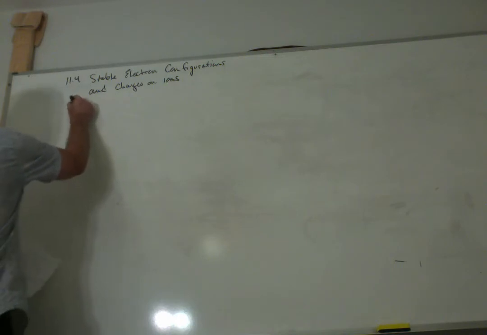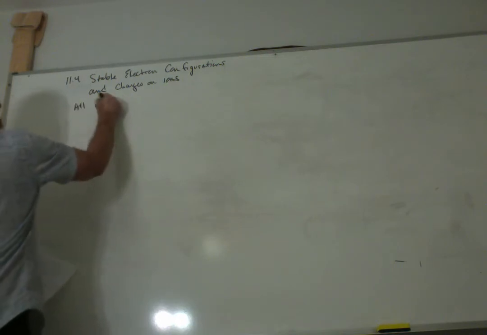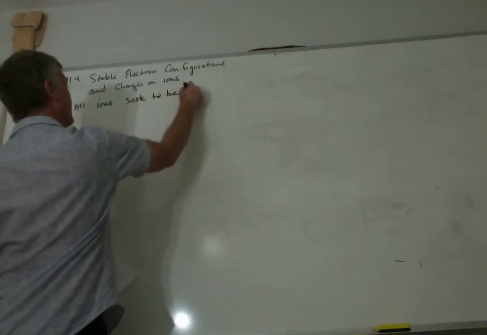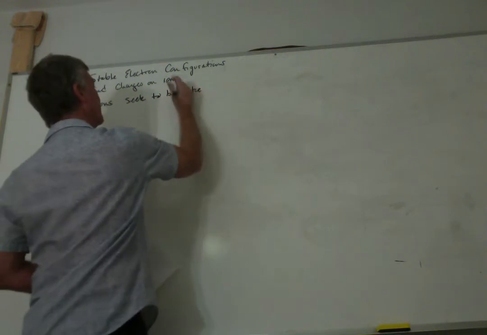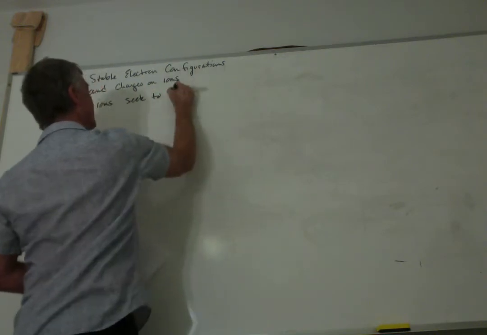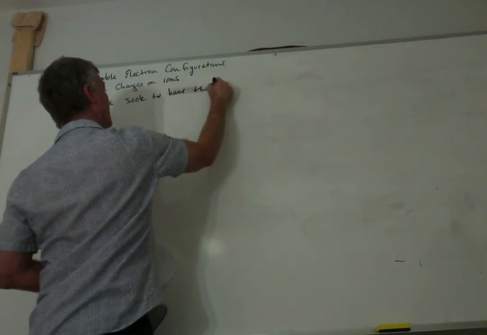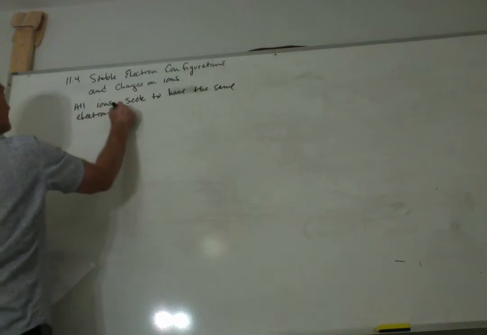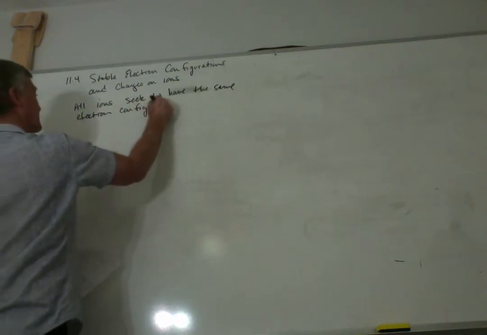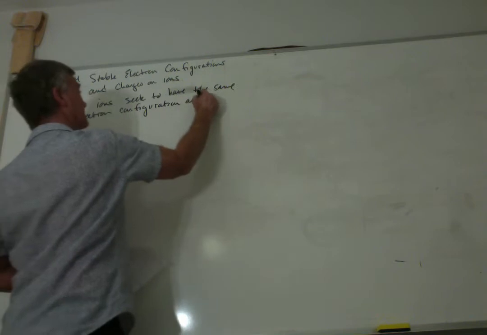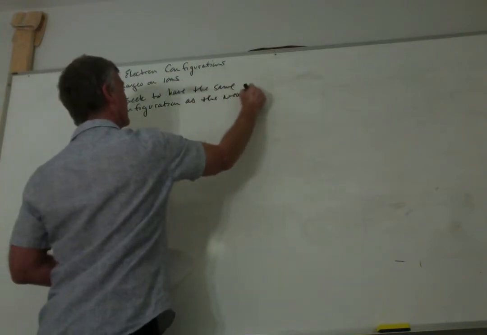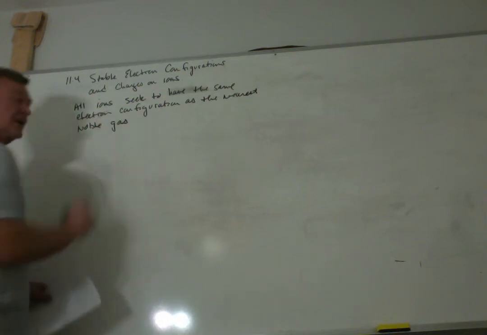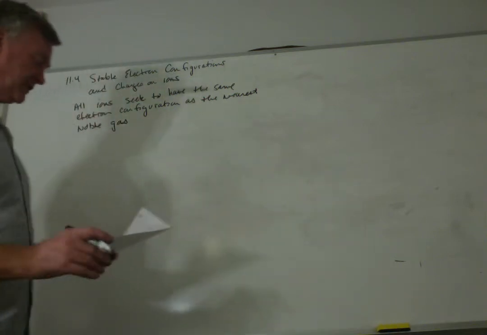And that is that all ions seek to have the same electron configuration as the nearest noble gas. And not surprisingly, we call that the noble gas configuration.